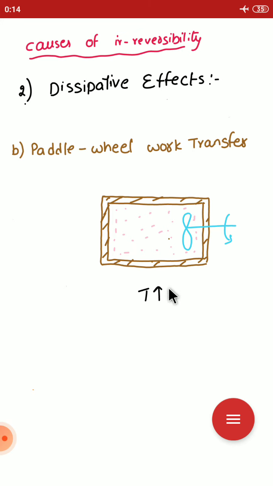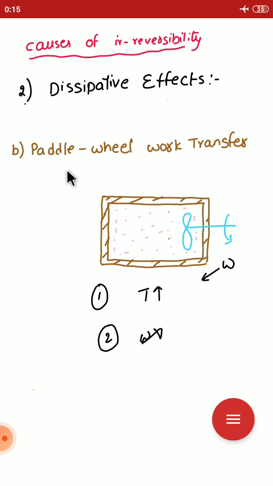Because of this work transfer of rotation, the temperature of the water molecules in the container rises in the first case. But we cannot go in reverse on our own. So some amount of heat is dissipated.